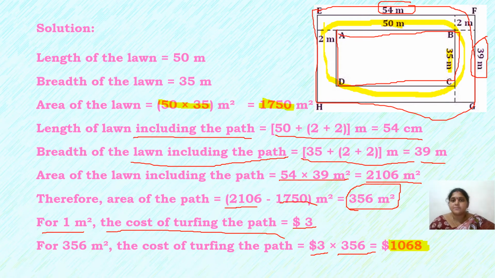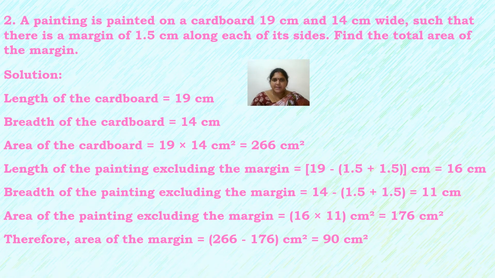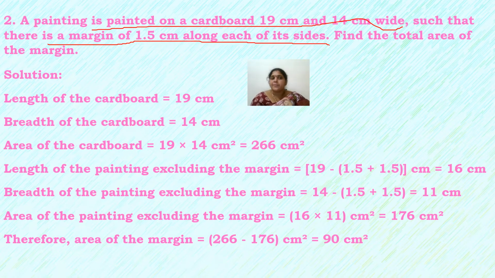Now we will see one more example here. A painting is painted on a cardboard 19 centimeters long and 14 centimeters wide, such that there is a margin of 1.5 centimeters along each of its sides. Find the total area of the margin. We have to find the area of the margin.